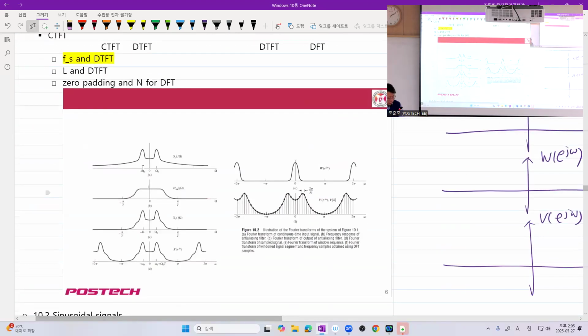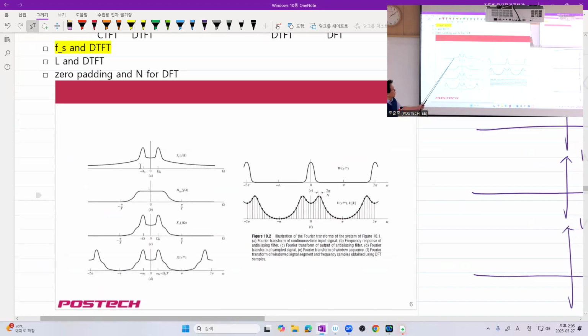So suppose this is the continuous time Fourier transform of the signal, and this is the frequency response of the AAF, and this is the output of the AAF, and this is the uniformly sampled version of this one, where we assume that this is 2 pi times 1 over 2T.